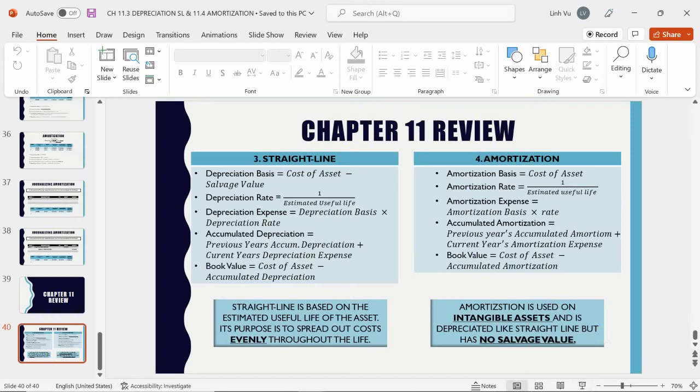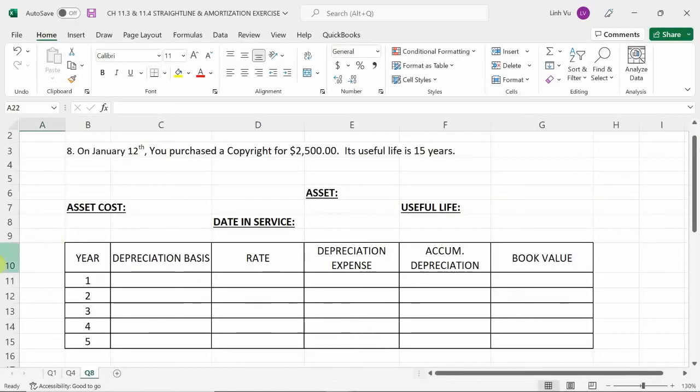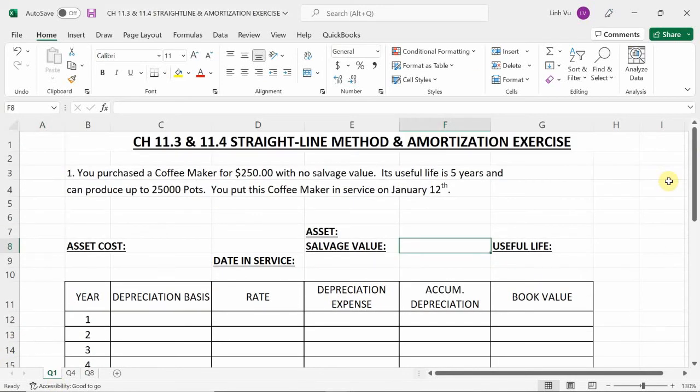So let's go ahead and dive right into the problems here, starting with the first one. So this one has 3 separate problems here. Starting with the first one. Okay, so 11.3 here. If you decide to purchase a coffee maker for $250 with no salvage value, its estimated useful life is 5 years, and it can produce up to 25,000 pots.